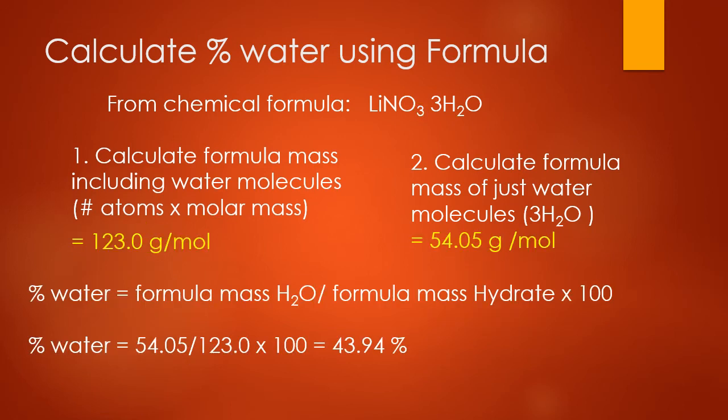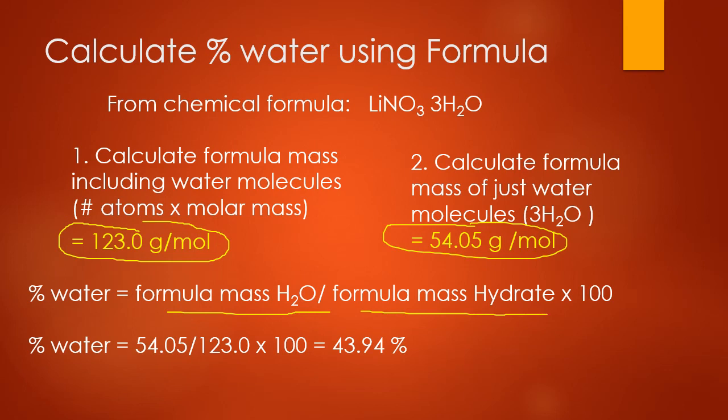So now the next step is to figure out the percent water. So how are we going to do that? Well, we're going to take the formula mass of the molecule as a whole, that 123.0, and the formula mass of just the water molecules and divide them. So to get the percent of water, formula mass of water, so that 54.05, divided by the formula mass of the entire hydrate, 123.0.